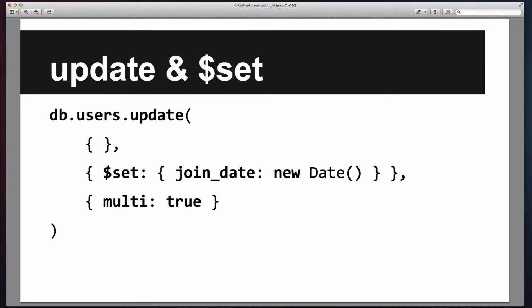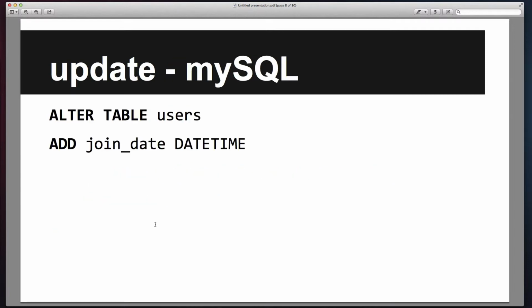So if we didn't say set and we just said join date, new date, it would take everything out of what's already currently in users and just put join date. But we want to set it, so we want to add it to what's currently there. So same thing for MySQL. We're altering the table, updating the users, and adding join date, and then the date time.